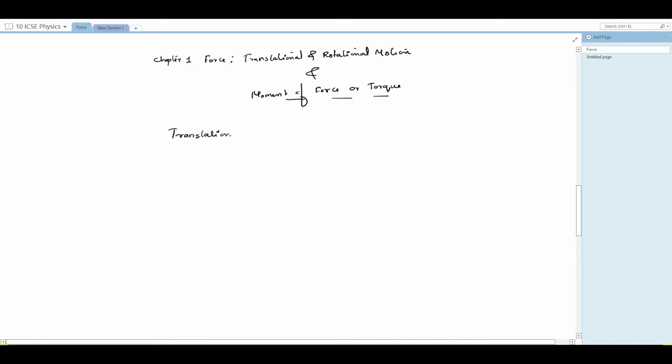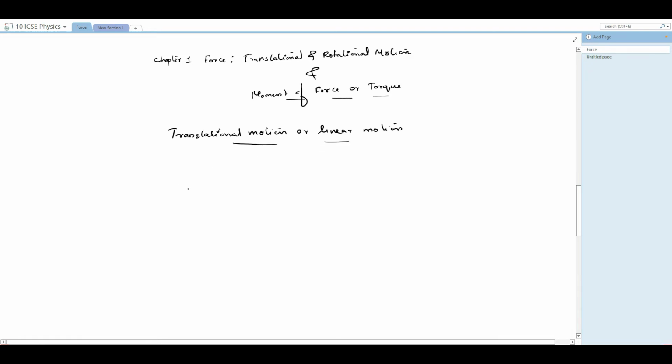Translational motion, or another name for it is linear motion. So what is translational or linear motion?